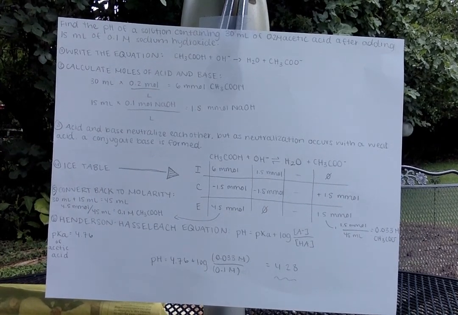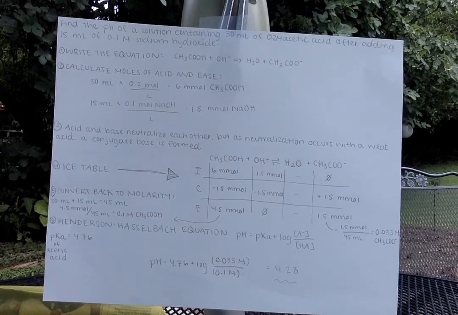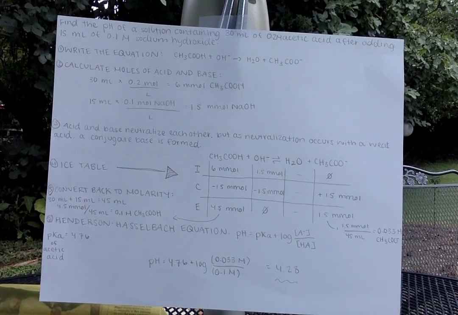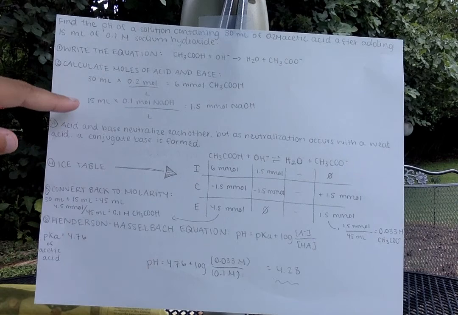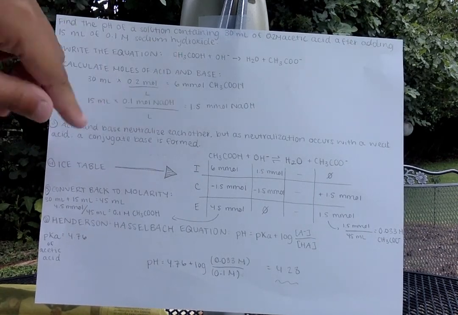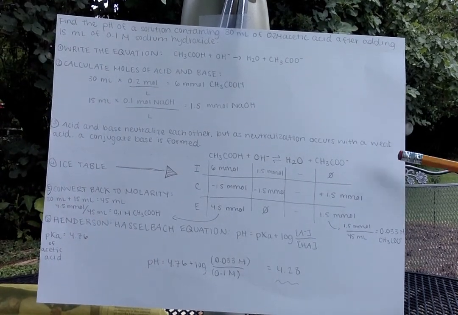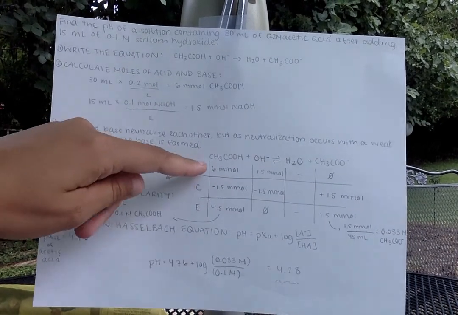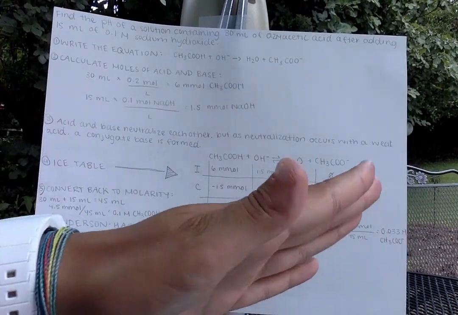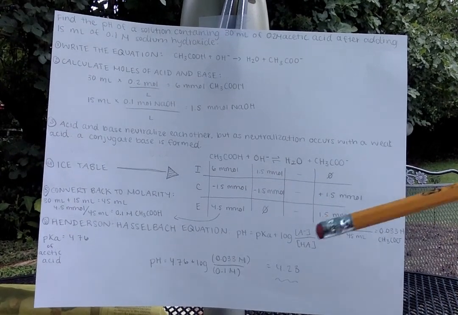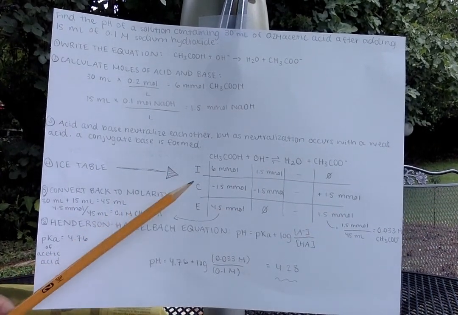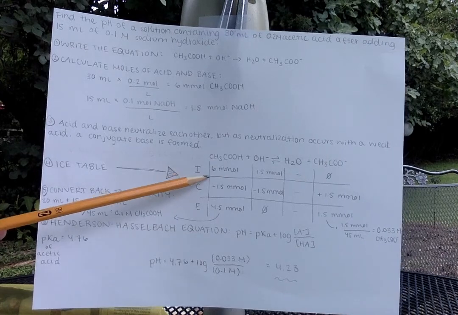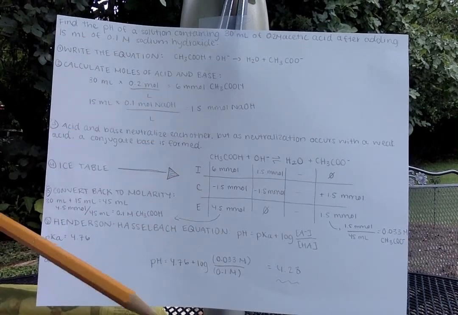And for step 3, I wrote out explaining that you have a conjugate base being formed, which is why when you write your ICE table, you need to refer back to the equation that you wrote in the beginning and set your ICE table up under that. And recognize that the changes happening are going to happen on the right side of your equation. So we're beginning with these 6 millimoles of CH3COOH.